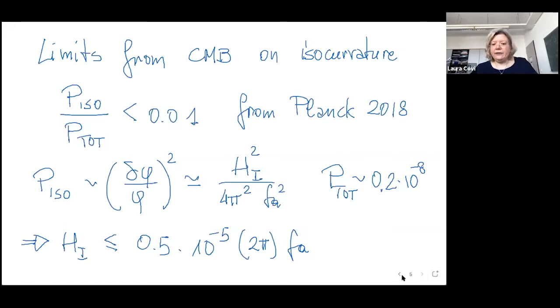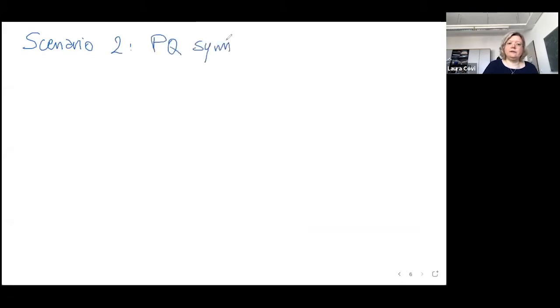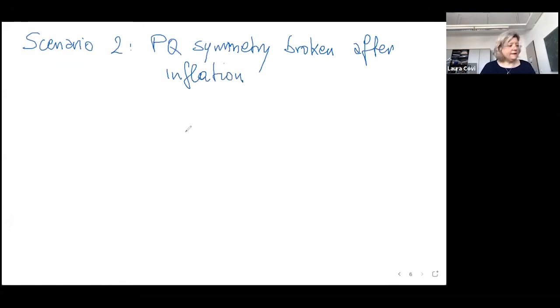For the second scenario, where you take the average, so that would be scenario 2. So this means the Peccei-Quinn symmetry is broken after inflation. Then in some sense, as I told you, you have actually to consider theta E as nothing else than the average, so the square root of the average of theta E squared.